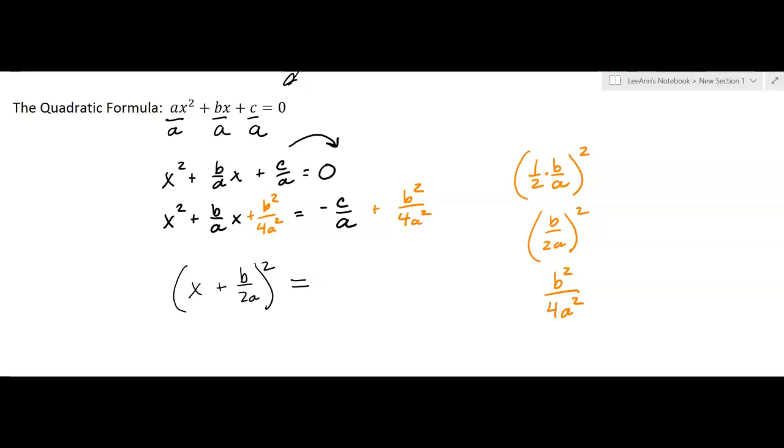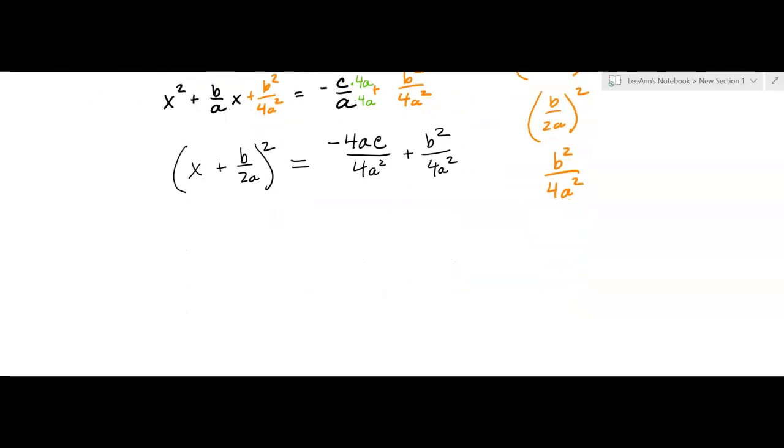And so I have to multiply on the right-hand side. I'll need a 4a, both in the numerator and in the denominator. Now that's going to give me then a negative 4ac over 4a squared plus the b squared over 4a squared. Okay, so we're getting there.